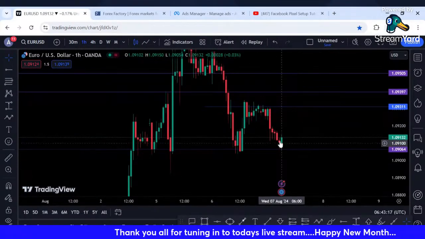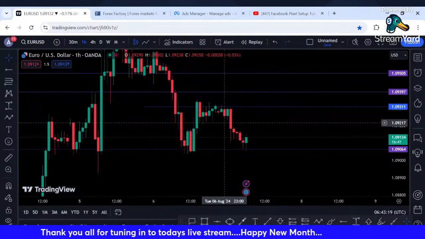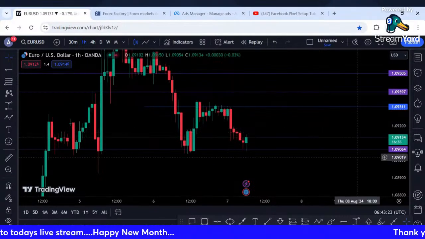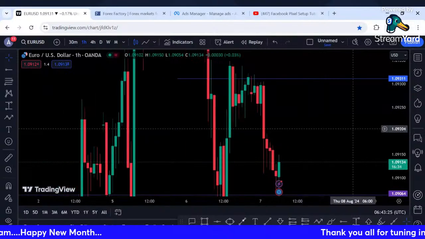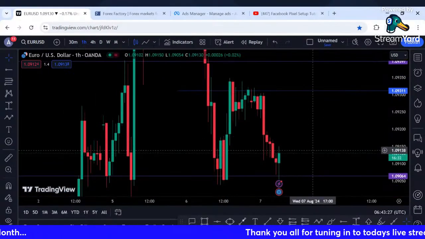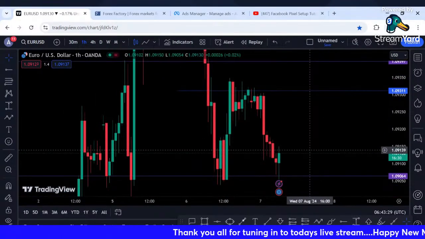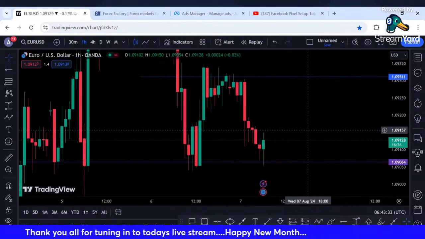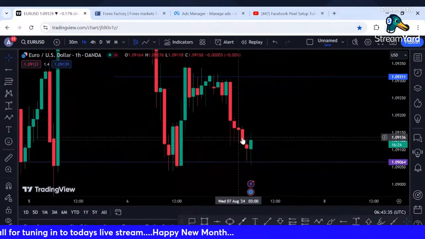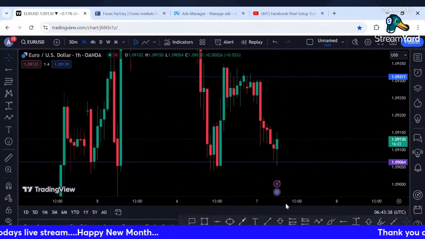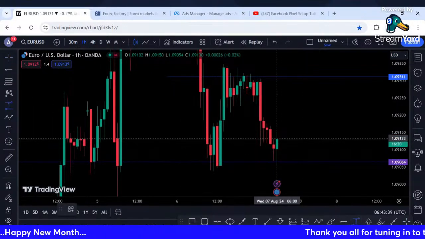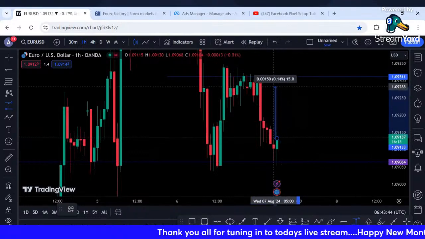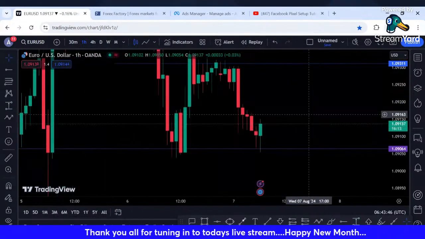If you are taking a buy now, you have to know you are counter trending. It's a risky trade. If you are taking a buy, it's a counter trend.